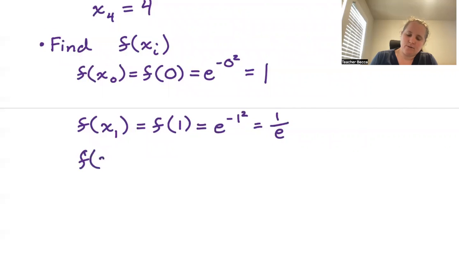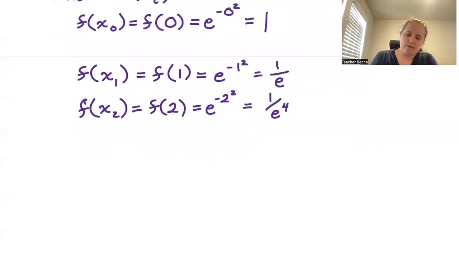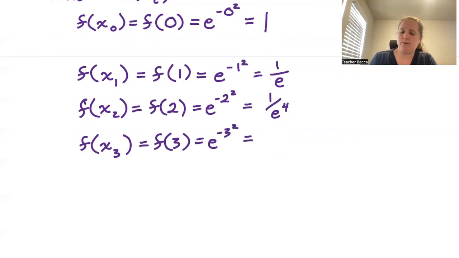f of x2, we are looking at f of 2, or e to the negative 2 squared, better known as 1 over e to the 4th. f of x3, we are looking at f of 3, or e to the negative 3 squared, better known as 1 over e to the 9th.